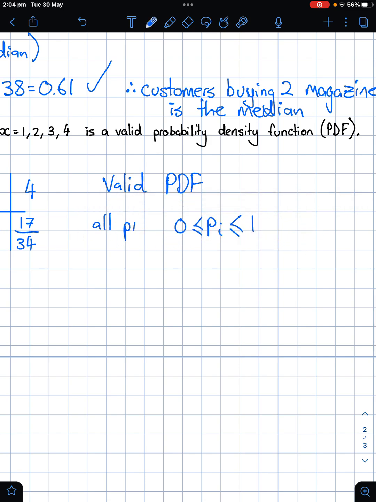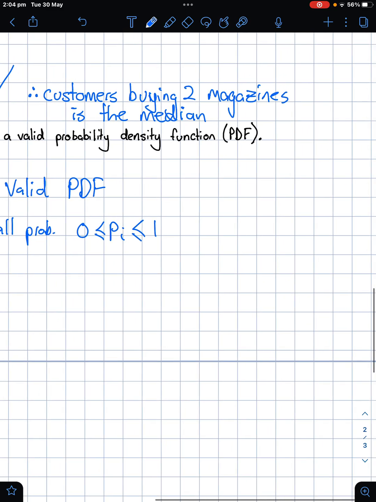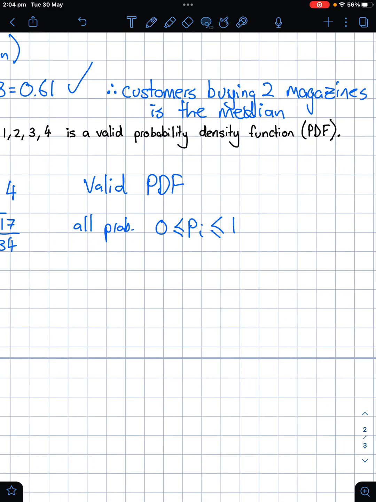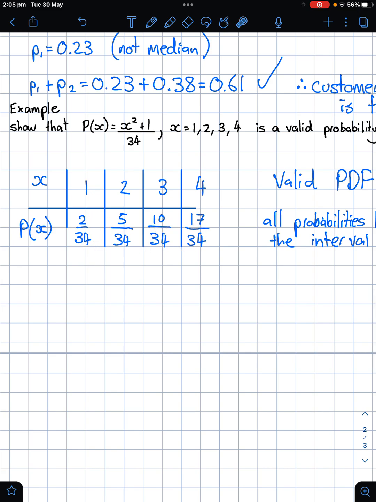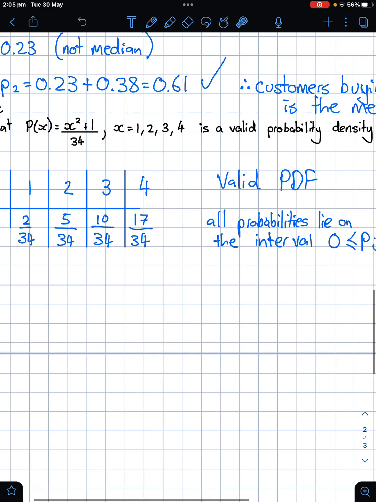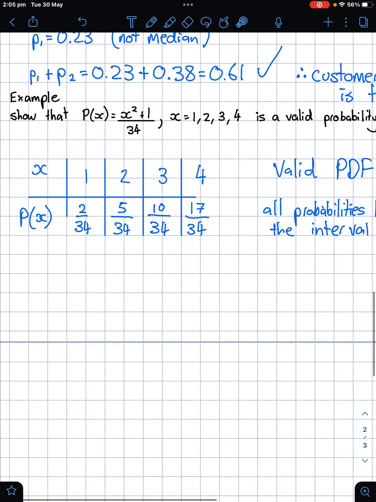All probabilities lie in this interval. That's the most important thing. These are all between 0 and 1. They're all bigger than 0. It doesn't matter if they equal 0.